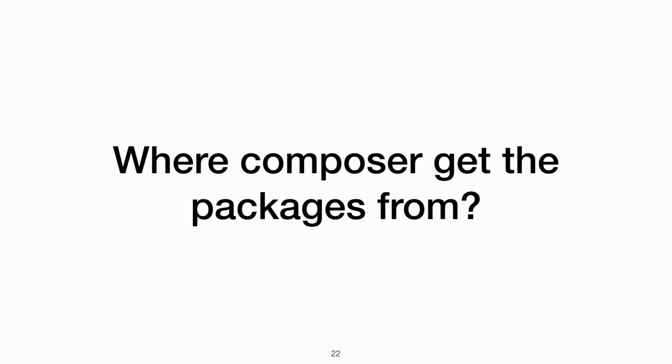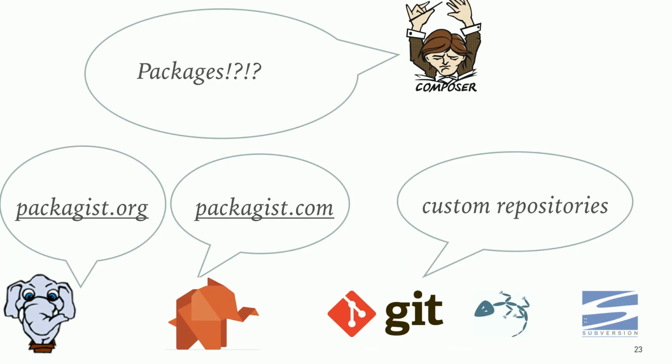So as we were saying, where does Composer get the packages from? We define our composer.json file, we specify everything that we need, so next what? Composer is going to ask where to get those packages from, right? And we have several ways to get those packages. First, we have packagist.org, which is a list of all the packages that are available from all the persons that submit their packages there.